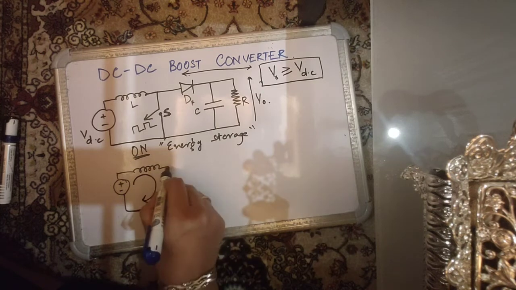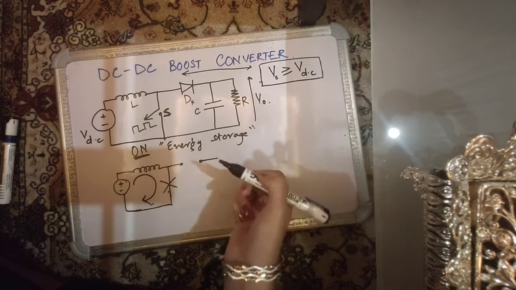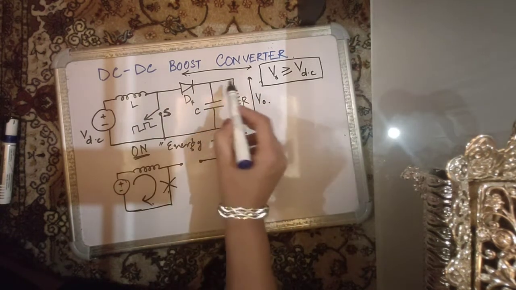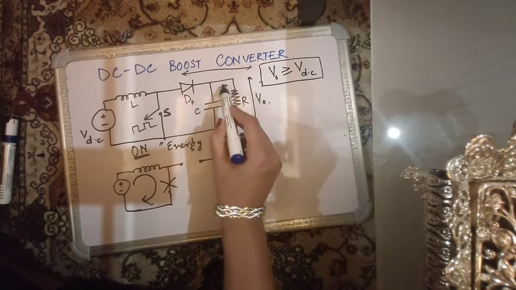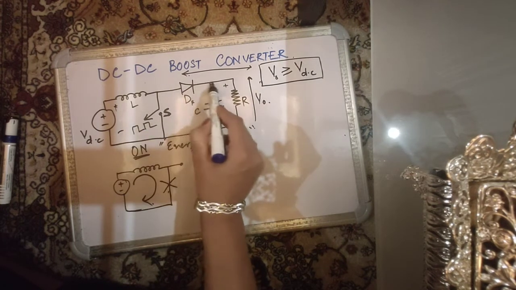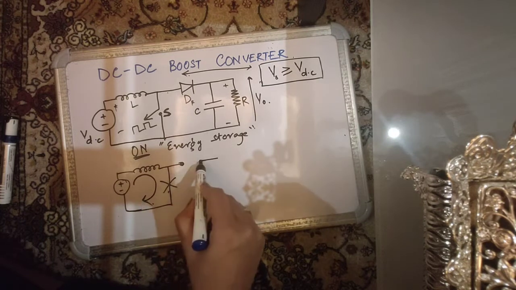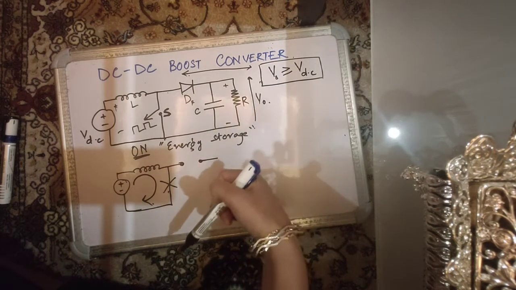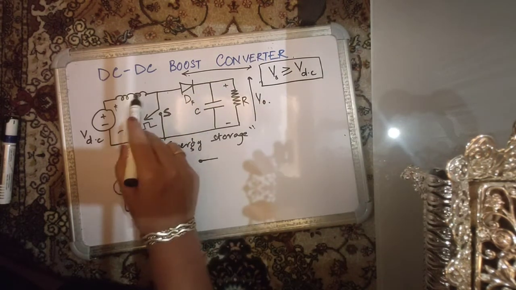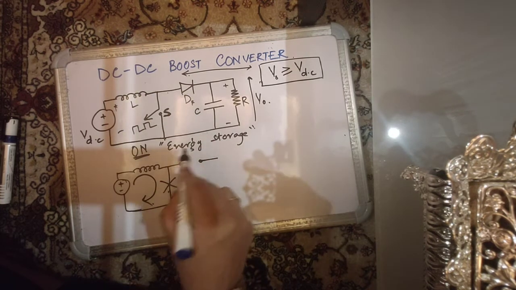The freewheeling diode is reverse biased because I'm starting the analysis with the assumption that it is operating as a boost converter, and in steady state this voltage is generally higher than the input voltage, so the cathode is at a higher potential than the anode, as a result of which the diode is reverse biased. Even if you don't assume it, when the converter is about to start, there is no potential over here, so obviously this is a short circuit path, current will take this path and the diode becomes reverse biased, so this diode is not conducting.